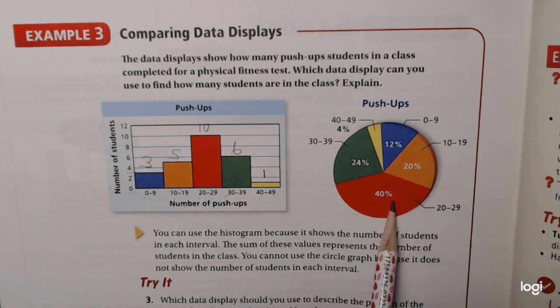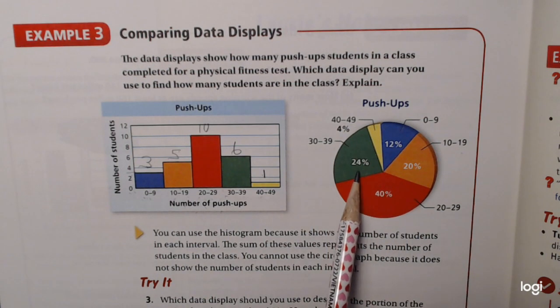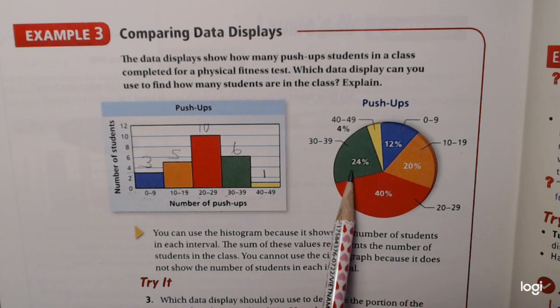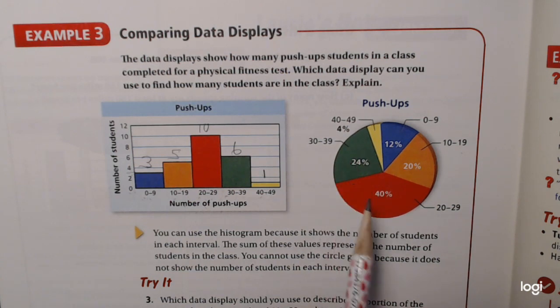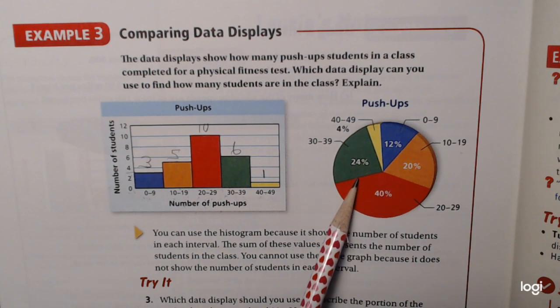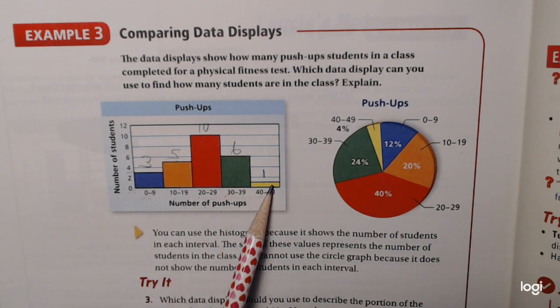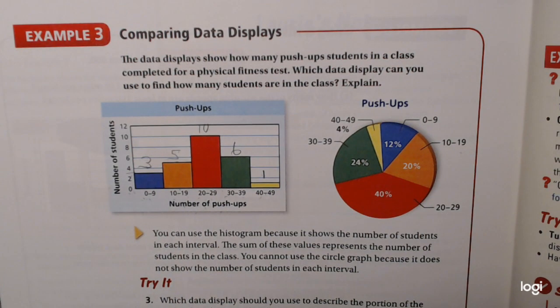A circle graph is going to tell me that information. It already tells me 24% of my class. That's not half of my class at all. So this would be better when I'm looking at portions compared to the whole class, whereas a histogram is going to give me exact numbers by reading the frequencies on the side.